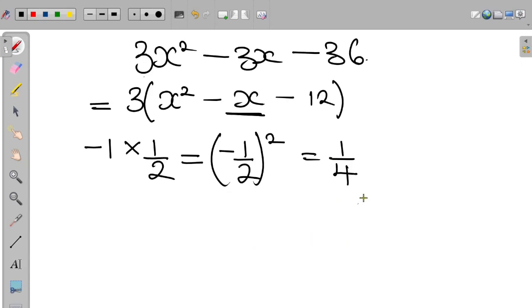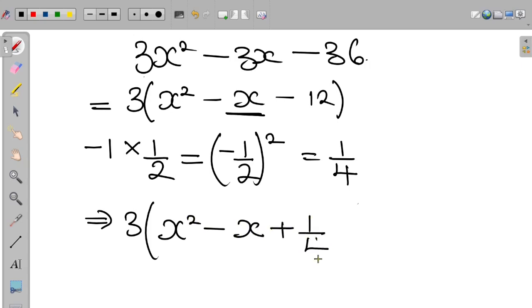The next thing we do again is that we are going to add and subtract 1 divided by 4 from the equation. So what we have is 3, open your bracket, x squared minus x plus 1 divided by 4 minus 12 minus 1 divided by 4.